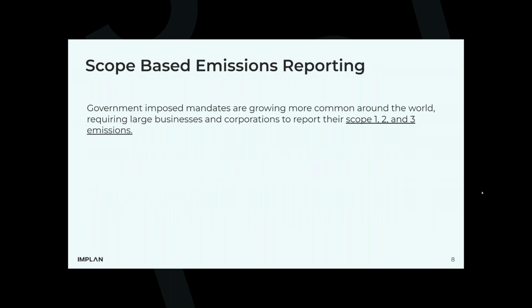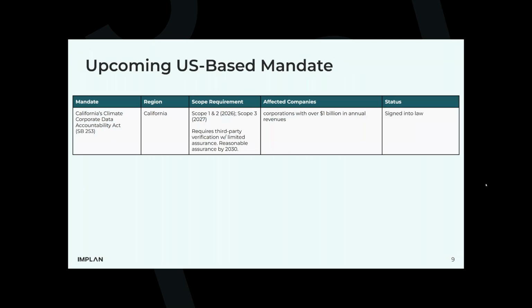Scope-based emission reporting is super important and relevant right now because government-imposed mandates are growing more and more common around the world. These mandates are requiring large businesses and corporations to report their Scope 1, 2, and 3 emissions. Most relevant to the data that we have rolled out so far is the upcoming US-based mandate.